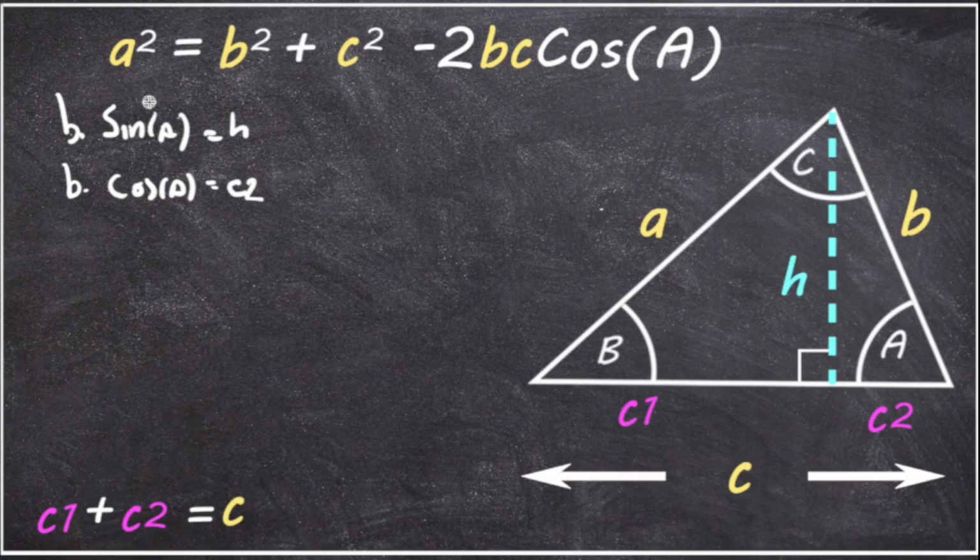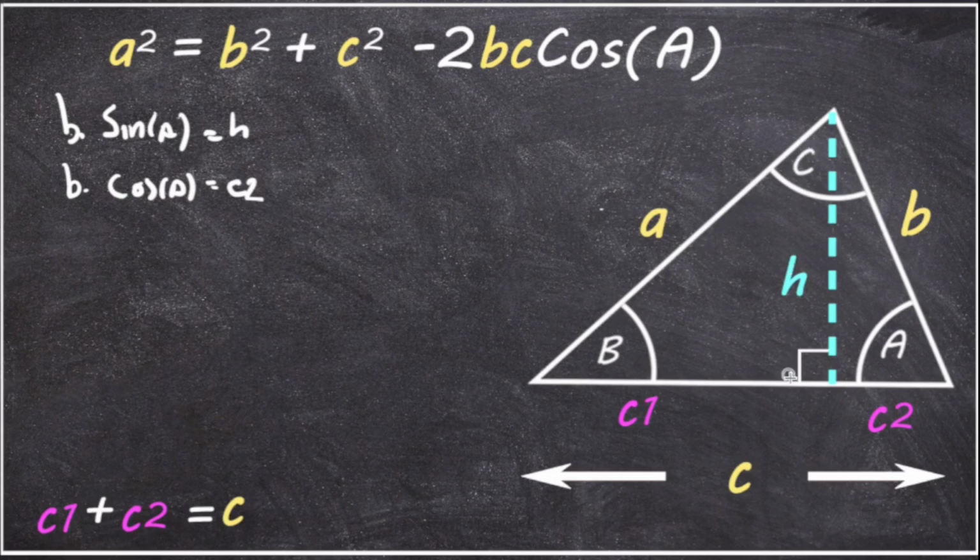Now notice that in the cosine rule we have the value of a squared given by this expression on the right hand side of the equation. But now that we have the base and height values for a right angled triangle, we can find an alternative expression for a squared. You'll know from Pythagoras' theorem that if you square the edges that are adjacent to the right angle and then you add the two squares, that will give you the value of the hypotenuse squared.